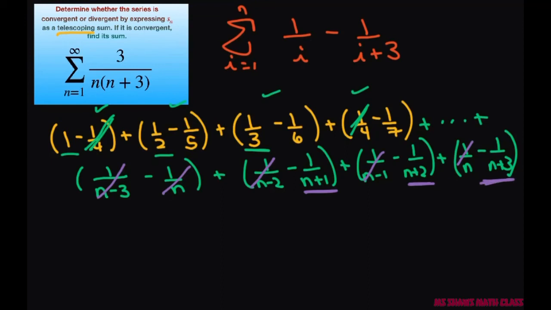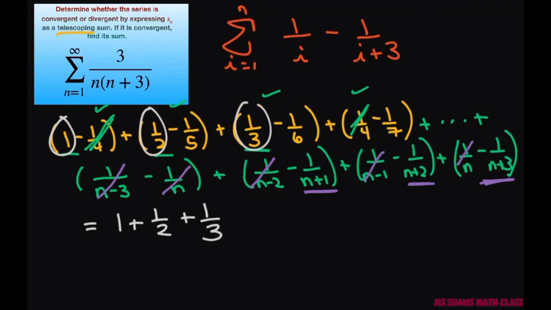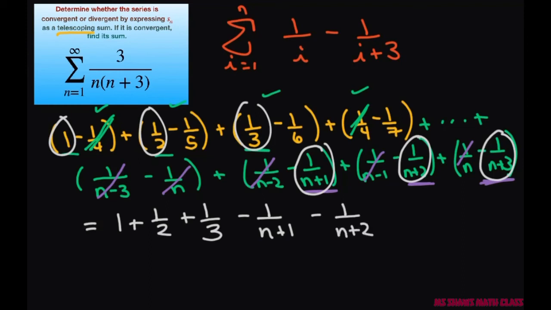So this is what we have. We have this equals 1 plus 1/2 plus 1/3. So that's these 3. And then we're left with these 3. So that's going to be minus 1 divided by n plus 1, sorry. Minus 1 divided by n plus 2 minus 1 divided by n plus 3.